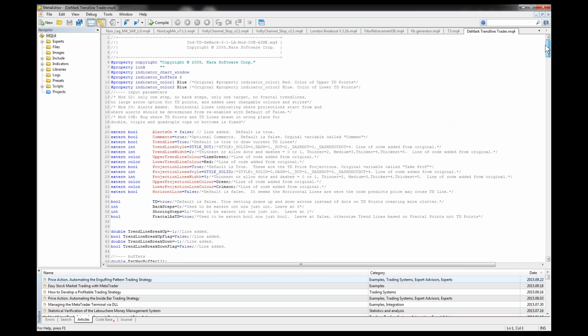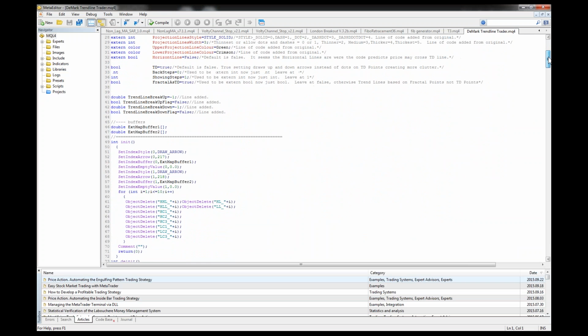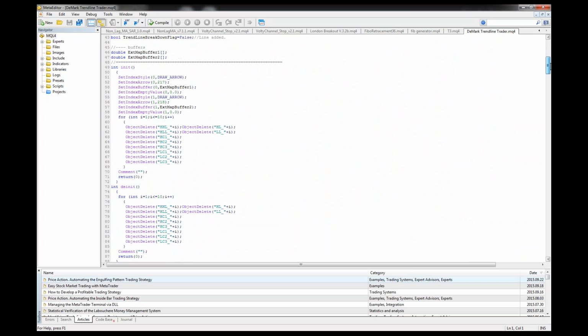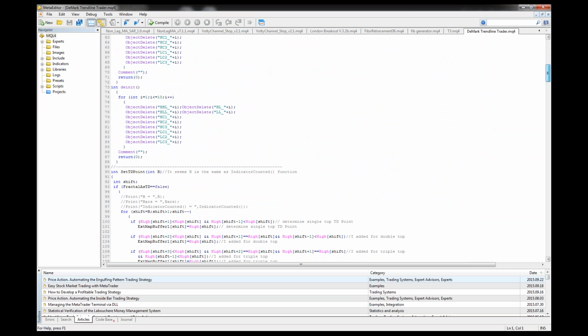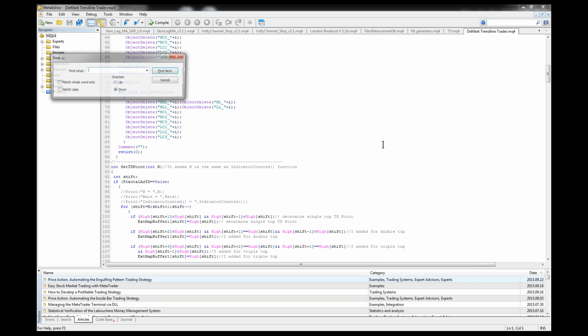Sorry, mate. Is what an EA? The trendline trader thing. Yeah. Go down a little bit. Let's have a look. Search for the word, do a Control F, and search for order modify. No, order close.